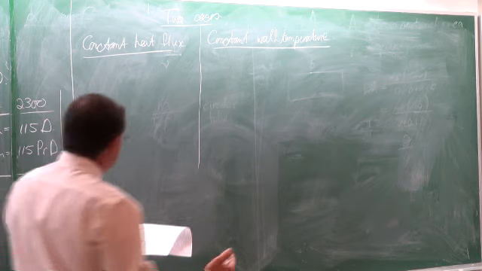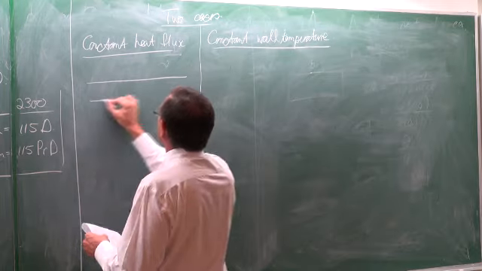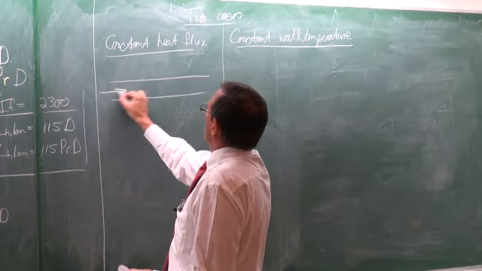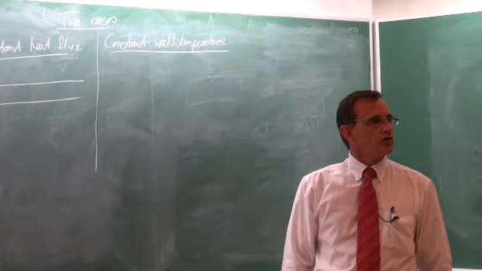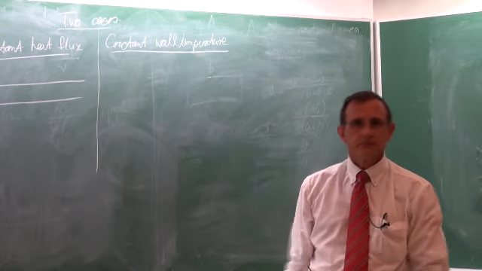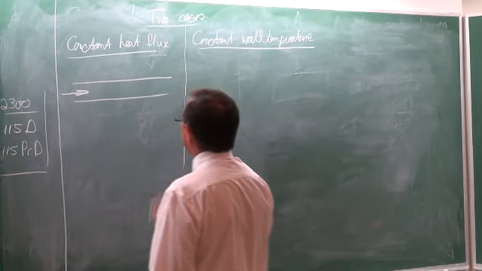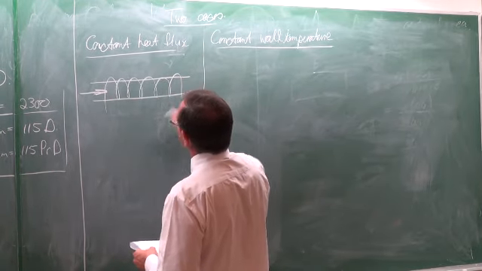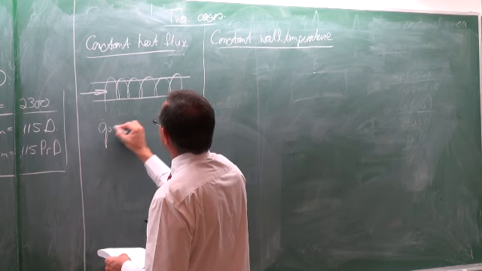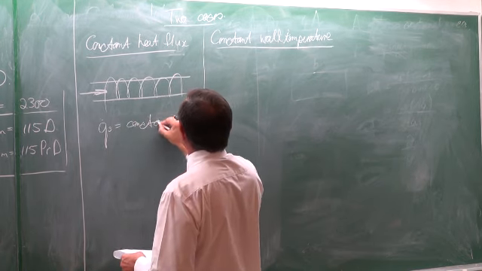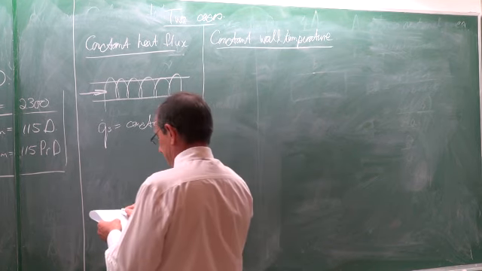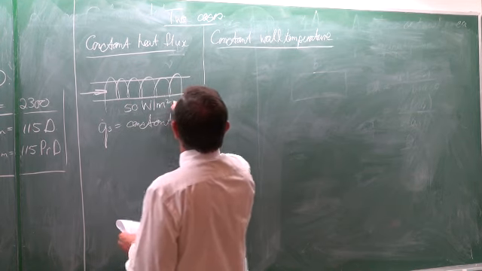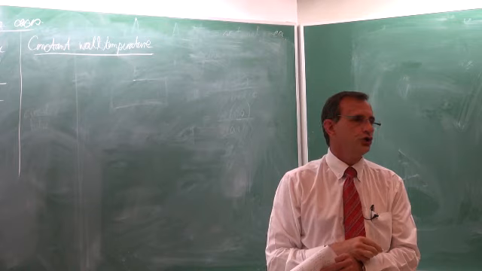Okay, the constant heat flux, if I can show it to you schematically, if that is a tube and we have flow through the tube, normally in fluid mechanics and heat transfer, the flow is always from the left to the right. Okay. Usually from left to right. And I would get a constant heat flux if, for example, I put in 50 watts per square meter of heating on that tube.